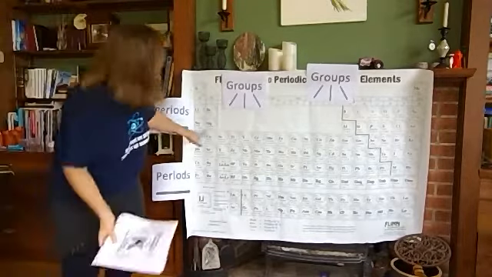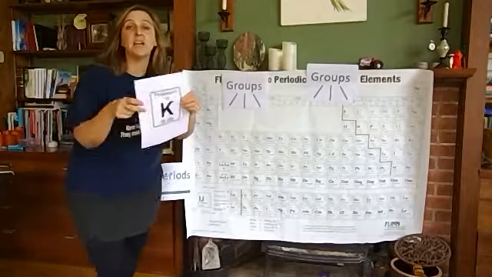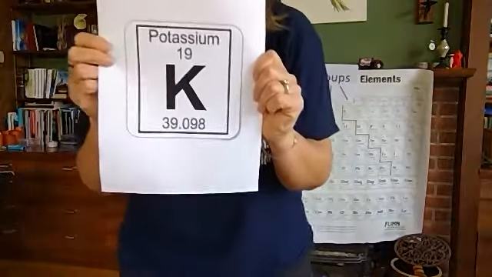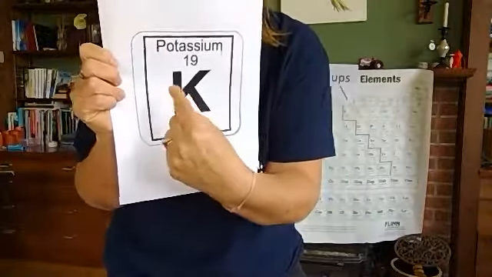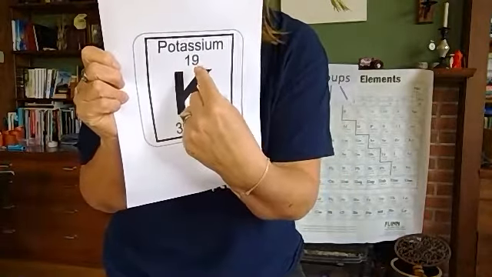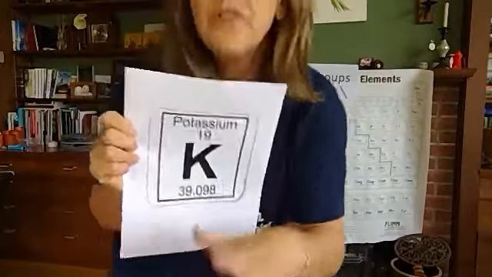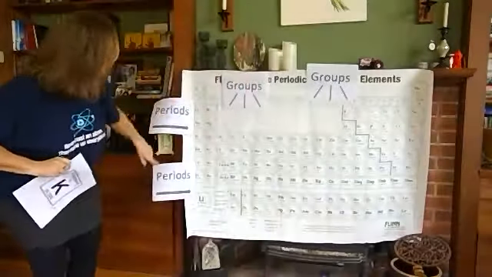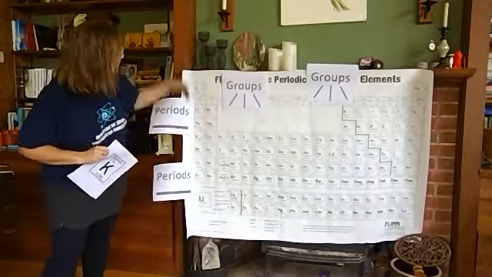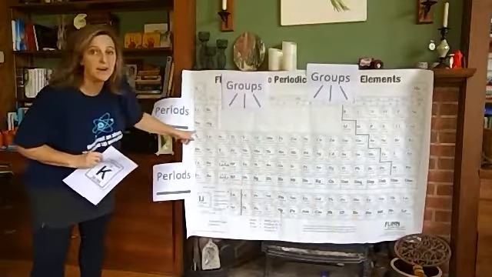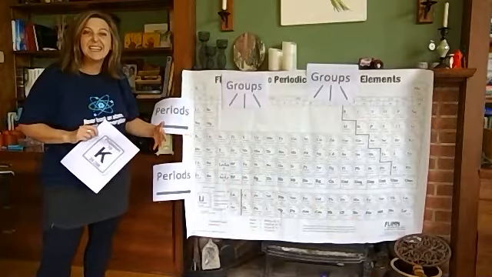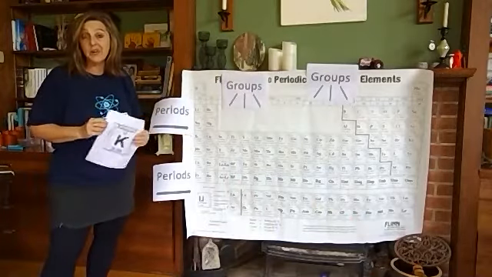Now, each one of these tiles or each one of these elements, I've got one that I'm going to bring up close here. This tile is potassium. And on the top, we've got the number 19. So if you go to your periodic table, number 19 is going to be found in group 1, period 4. It's right here. It's kind of like Battleship.